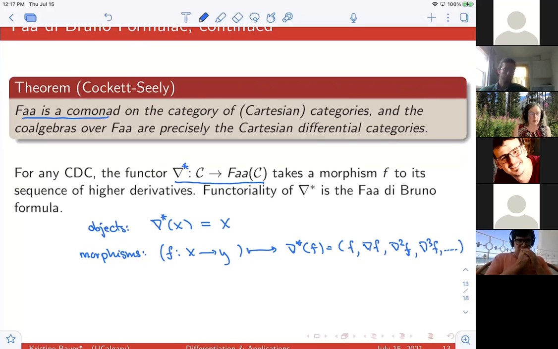Okay, so why is it that this recovers the Faà di Bruno formula that I showed you before?